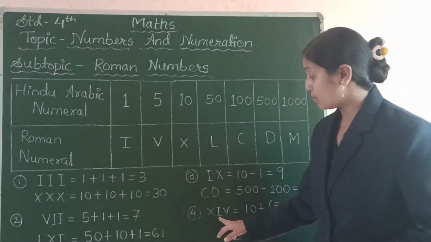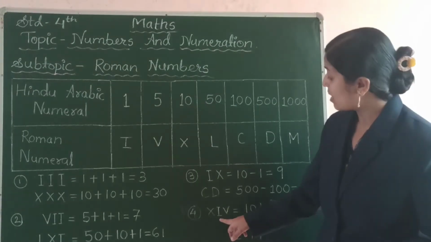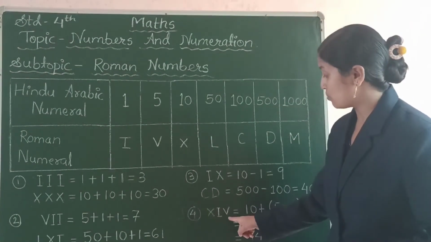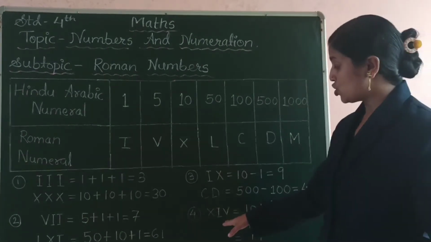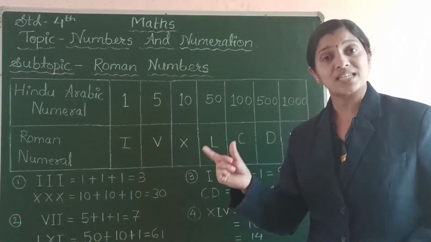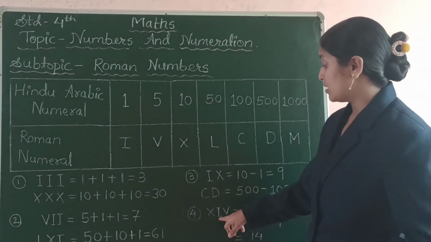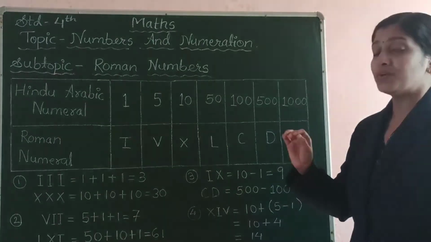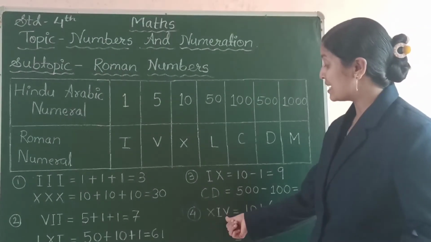So here you can see the number of smaller value is I, because it has a value of 1, while the other two symbols have greater value than I. But when such a situation is there, where symbols of greater value are on both sides, then the smaller value symbol has to be subtracted from the symbol which is to its right.